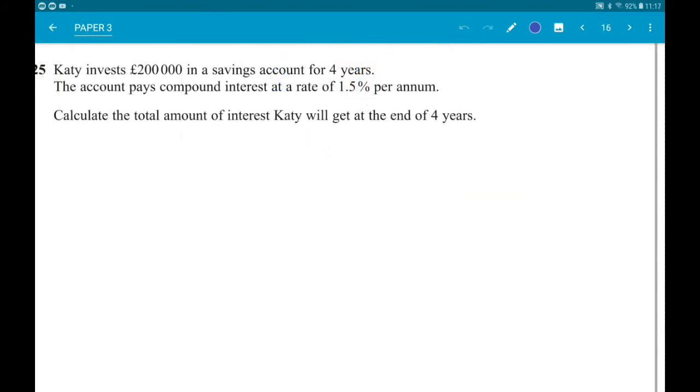Okay, number 25. Katie invests £200,000 in a savings account for 4 years. The account pays compound interest at a rate of 1.5% per year. We want to work out the total amount of interest Katie will get at the end of 4 years. So to do this, we use decimal multipliers. So 1.5% as a decimal is 0.015.